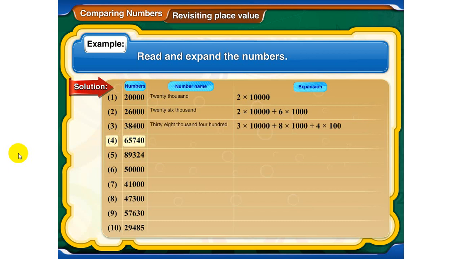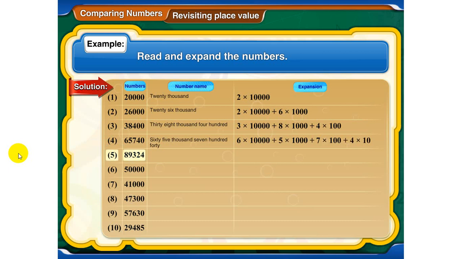4. The given number is read as 65,740 and expansion is 6 into 10,000 plus 5 into 1,000 plus 7 into 100 plus 4 into 10. 5.